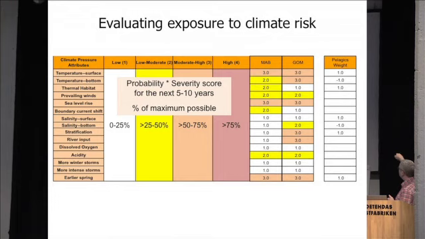So what you have here is the Mid-Atlantic Bight standardized exposure scores that range from 1 to 4. And then here's the Gulf of Maine standardized scores. And in this particular example here, we are looking at the pelagics assemblage. And what the authors did is they wanted to provide a weighting scheme so that depending on what complex you're looking at, you can give weighted scores to different climate exposures.